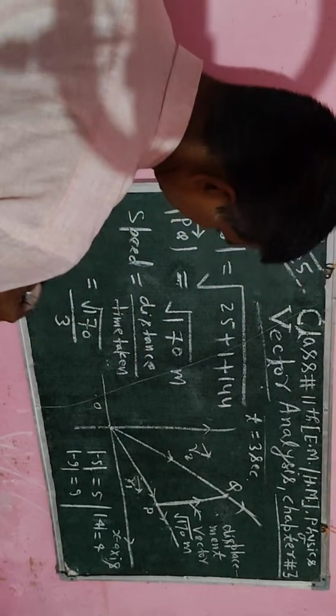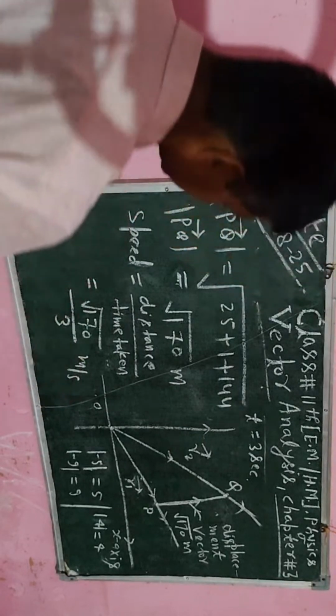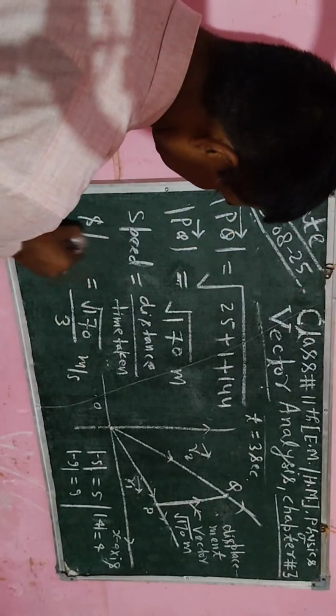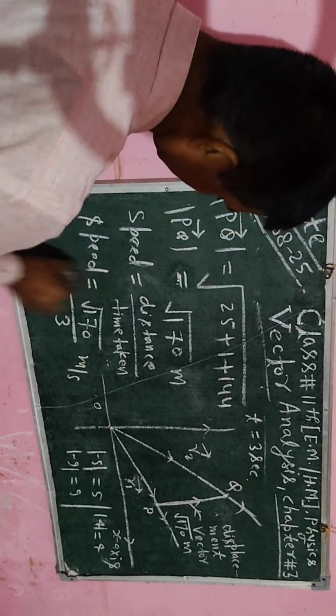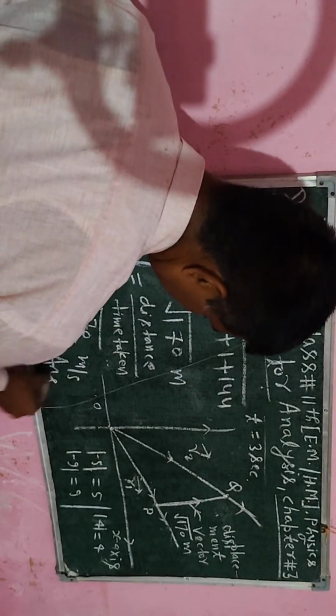So I will divide it by 3. Now the speed unit is meter per second. Okay, so this is the required information, and this is the second answer of my question.